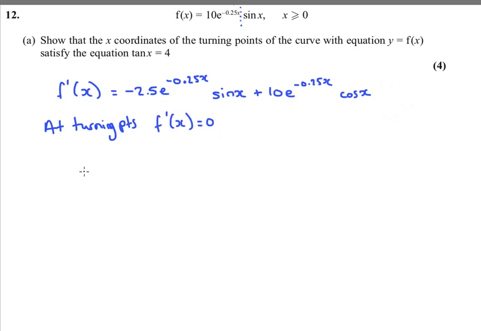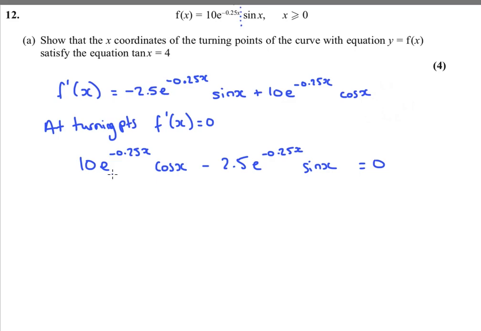So if we set this equal to 0, and I'm going to rearrange it so we've got the positive value first, 10 e to the minus 0.25x cos x minus 2.5 e to the minus 0.25x sine x needs to equal 0.